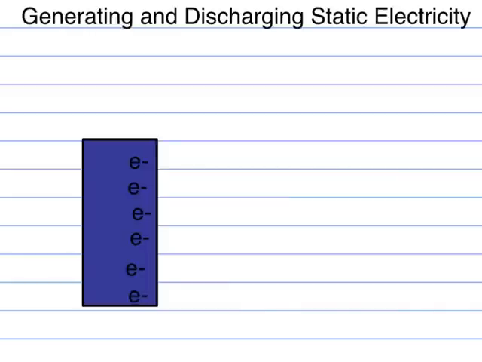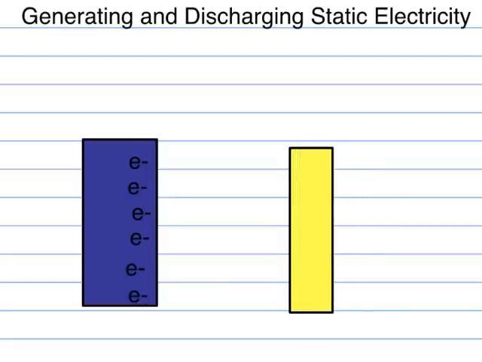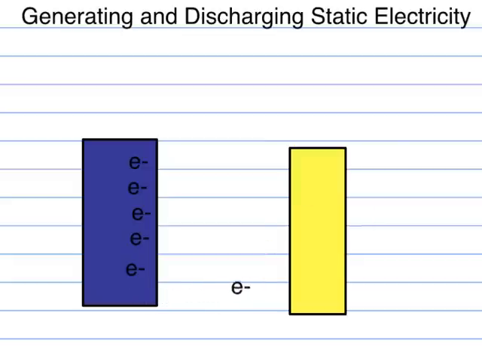If we put something next to it, compared to the insulator this is positively charged, so our electrons can move over to here.